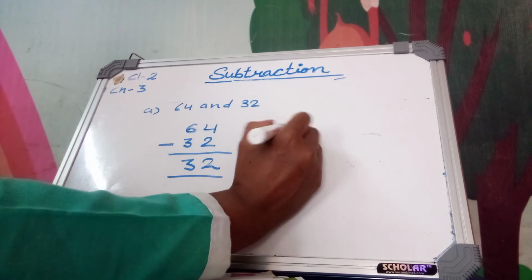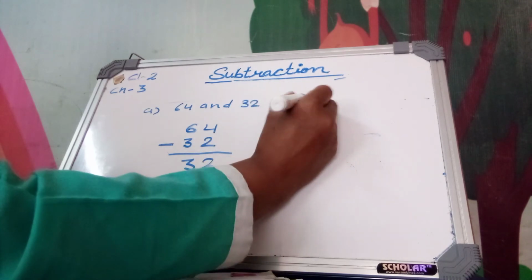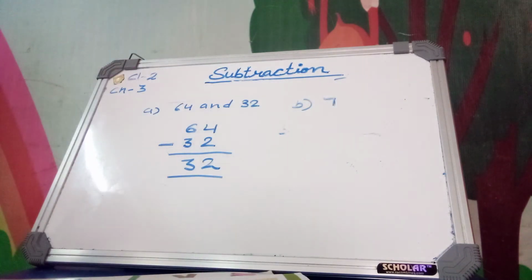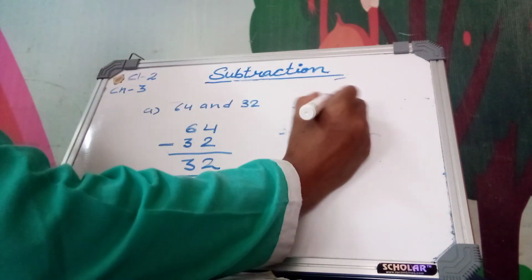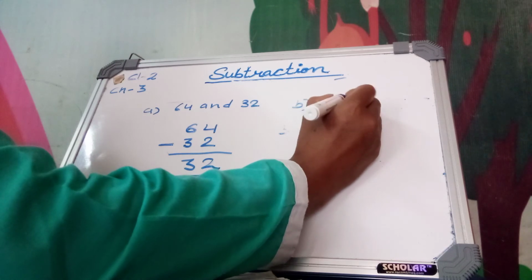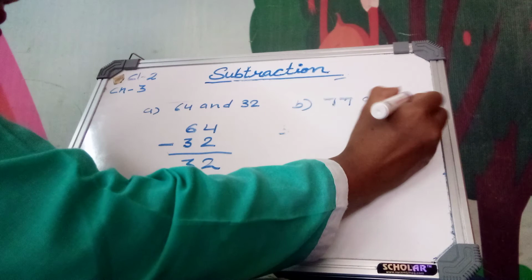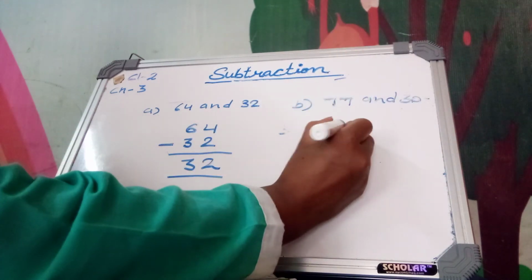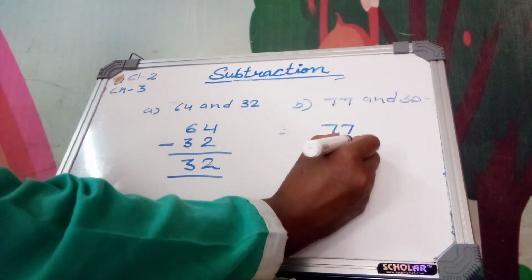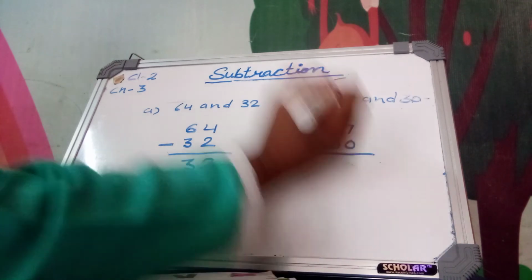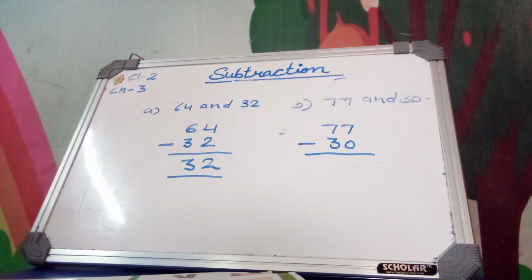Now do B. 77 and 30. 77, 30. 7. If we minus 0 from any number, the answer will be the same.